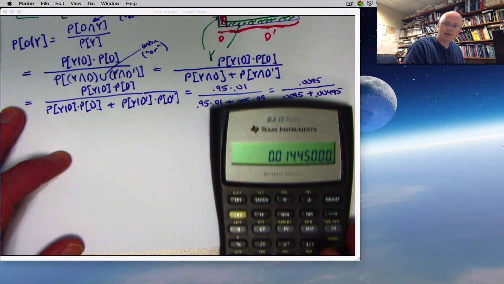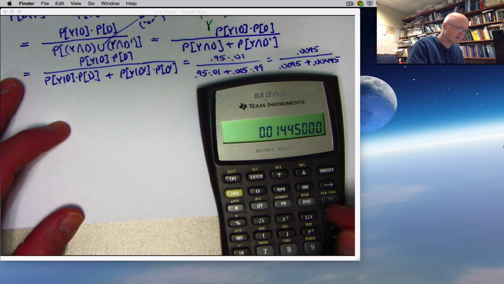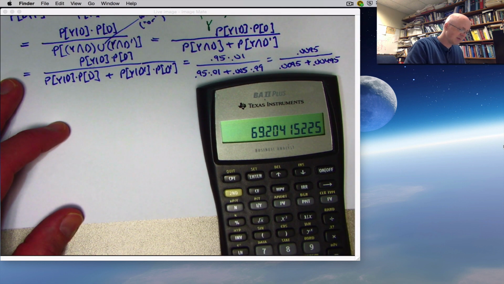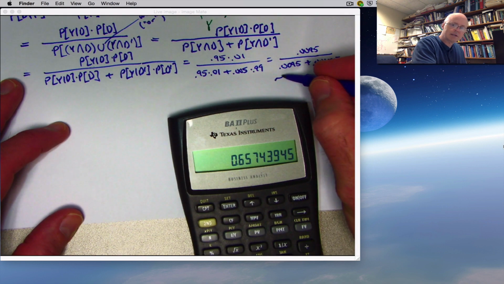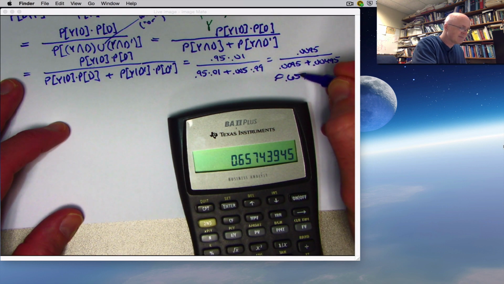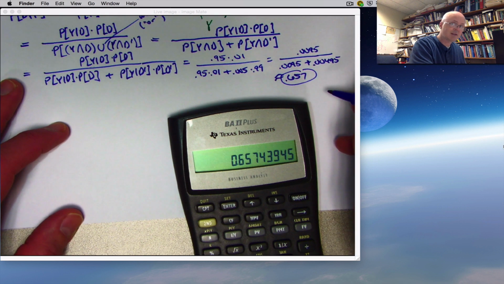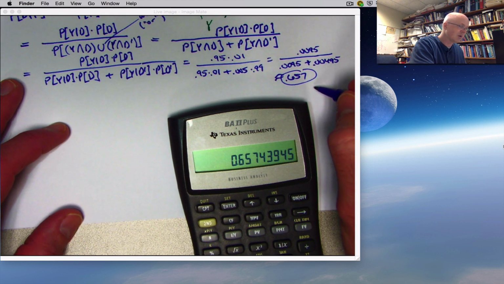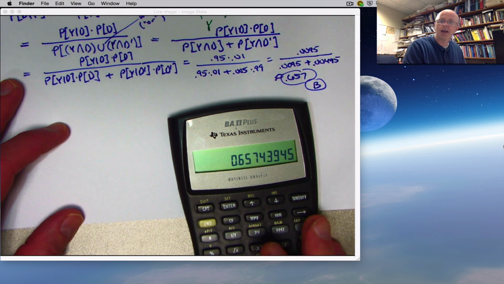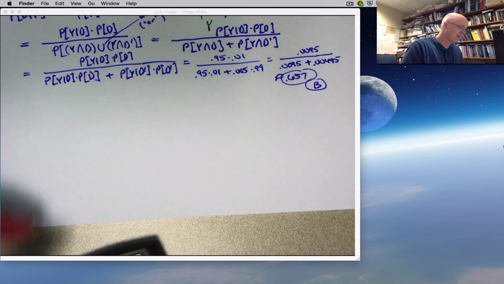On this old calculator here, I'm going to take its reciprocal and multiply times 0.0095. The answer is about 0.657. That is the correct answer. I've checked this ahead of time. It is choice B on the SOA sample exam problems.